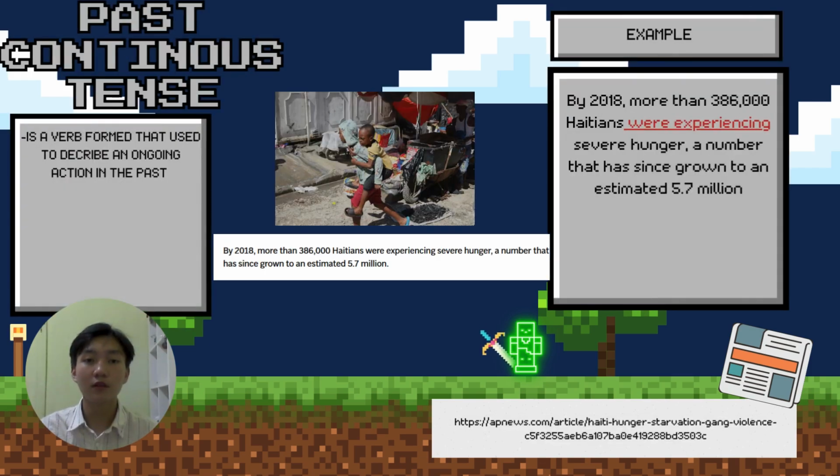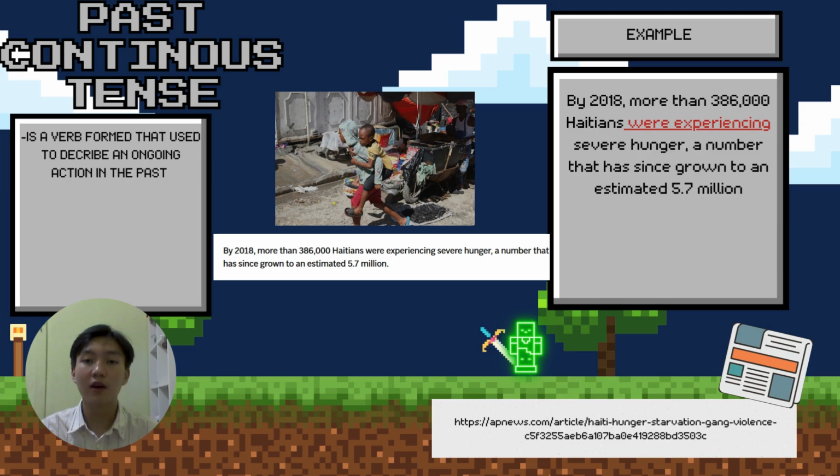So, what is past continuous tense? Past continuous tense is a verb form used to describe an ongoing action in the past. As the article says, by 2018, more than 386,000 Haitians were experiencing severe hunger, a number that has since grown to an estimated 5.7 million.